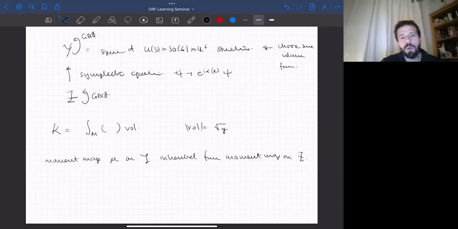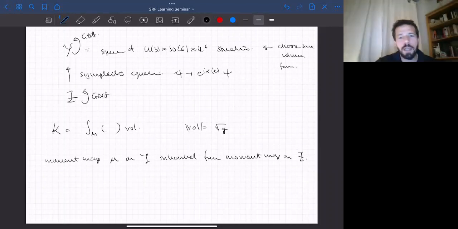I have one question. In this last picture that you're talking about, this U3 cross SO6 case, the group is still the same. So just by naive guess, you will get an equation which involves a 5 form.